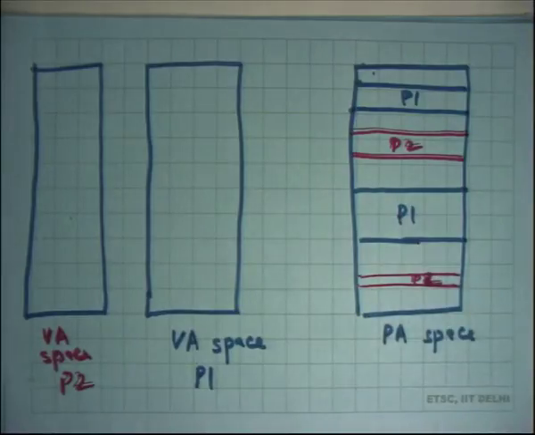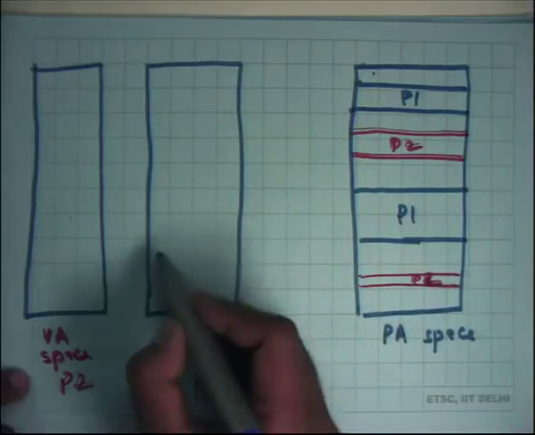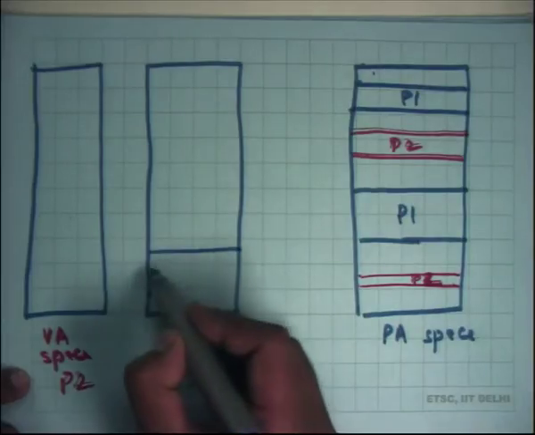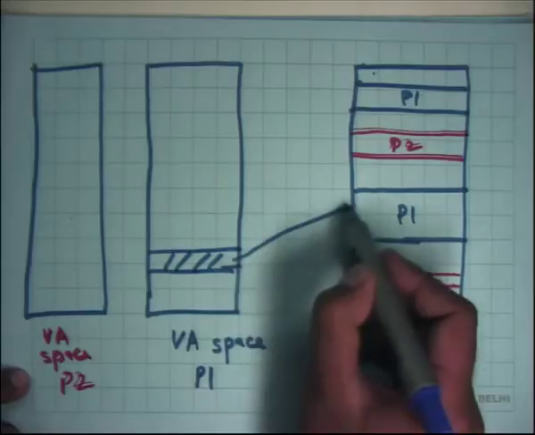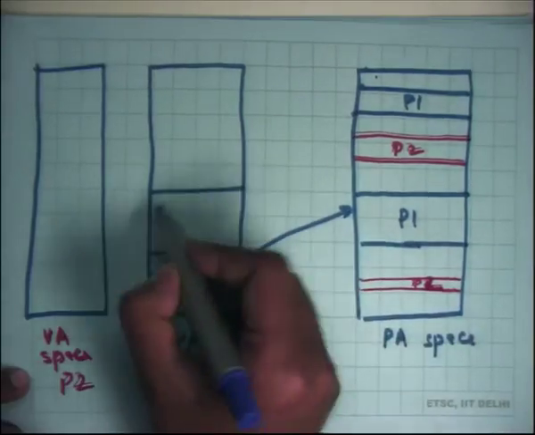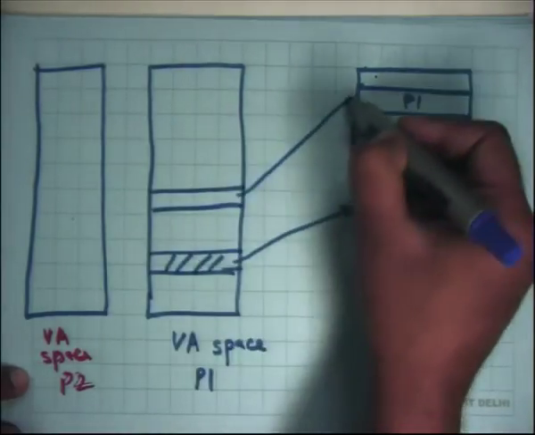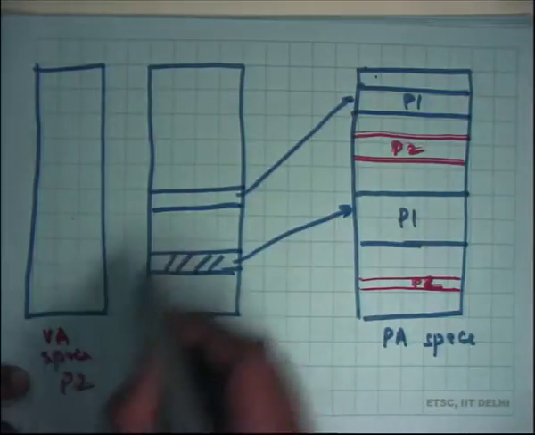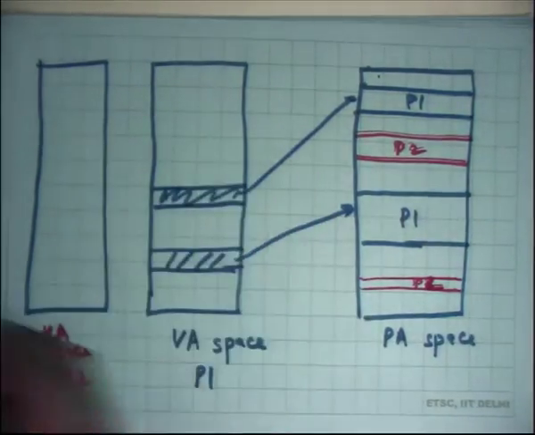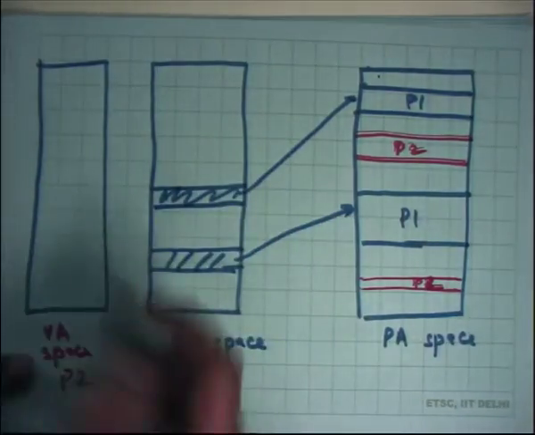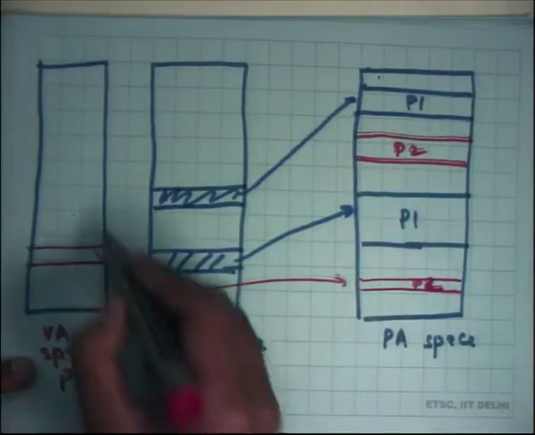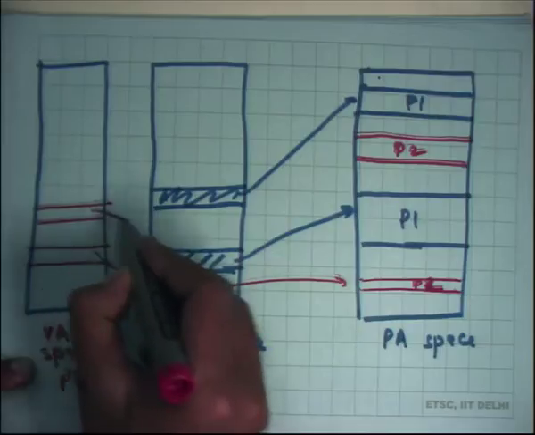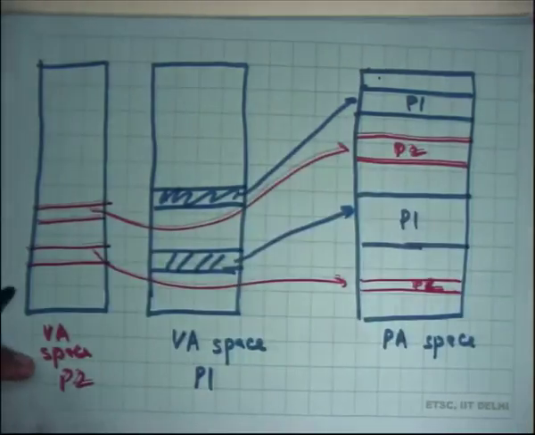Okay. And so what will happen is addresses in the P1 region will map to areas in the PA space like this, and similarly, addresses in P2 are mapping here, and so on, right.